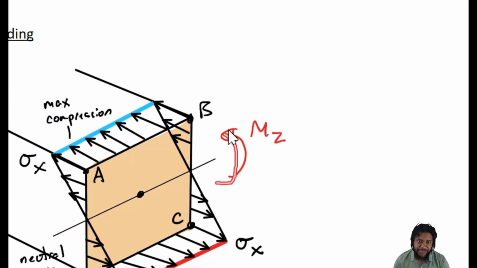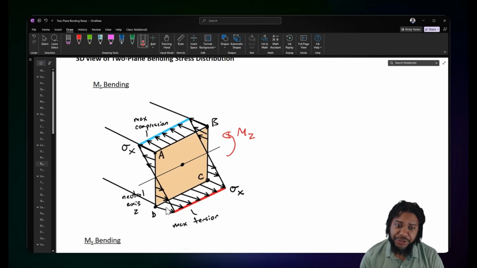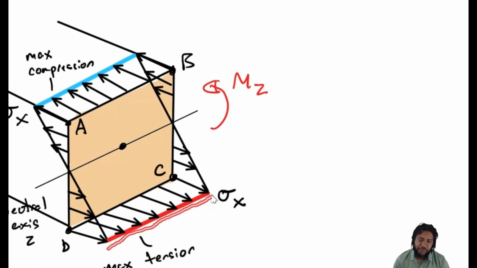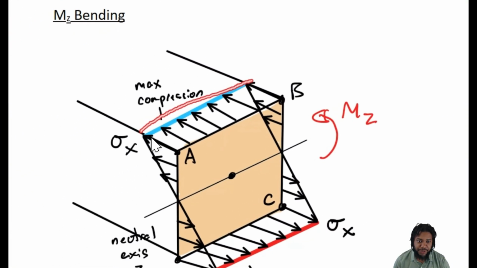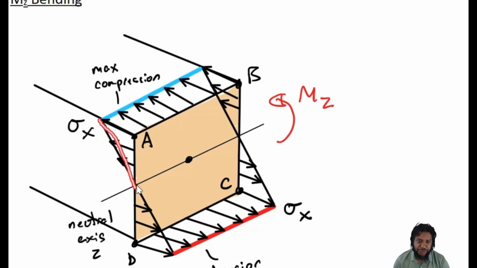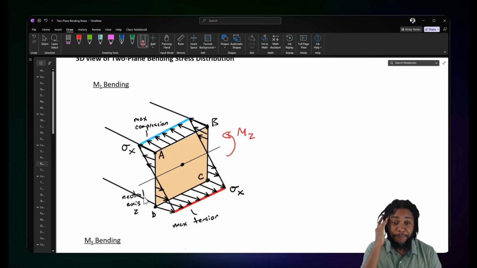In that case, we have stress that's linearly distributed, where at the bottom we're in max tension, and on the top we're in max compression, with a linear distribution going through zero at the centroid of our geometry, and then extending outwards, maximum at the outer edges, right? This is the case where we're bending concave upwards.